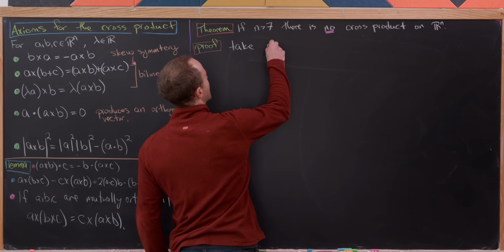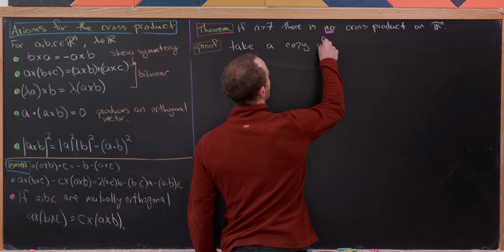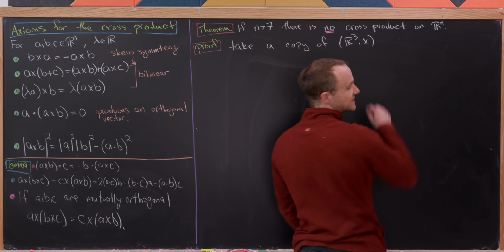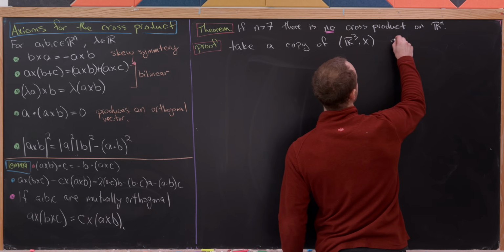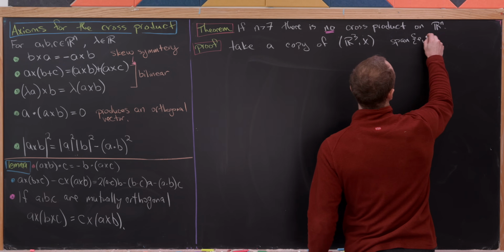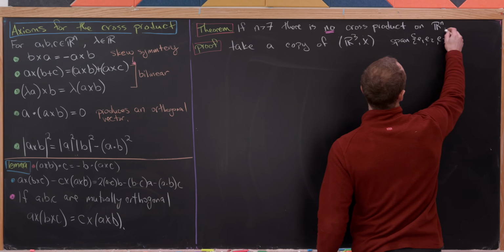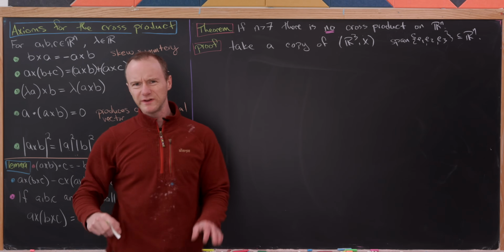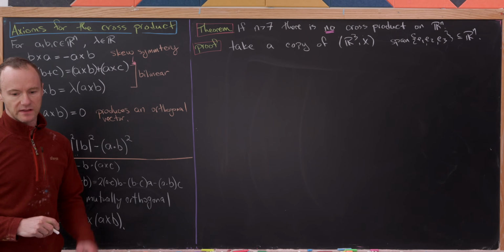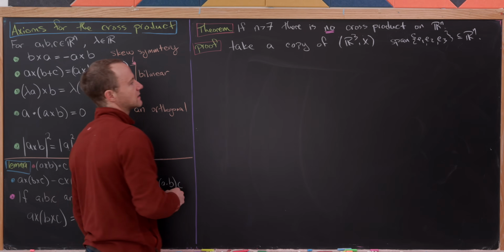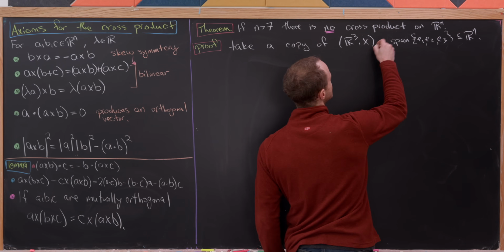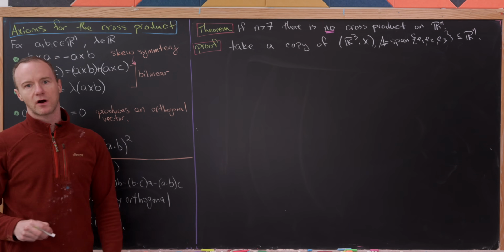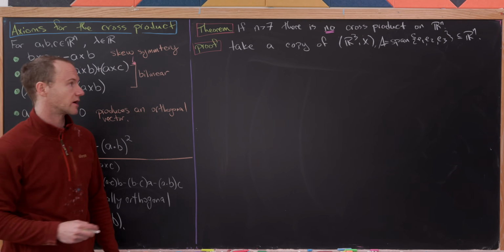We're going to take a copy of R3 with the cross product, which is equal to the span of E1, E2, and E3 inside of Rn. We sort of saw that we could always do that, and now we're going to do that. Let's set this equal to the vector space A. So A is the copy of R3 with the cross product inside of Rn.